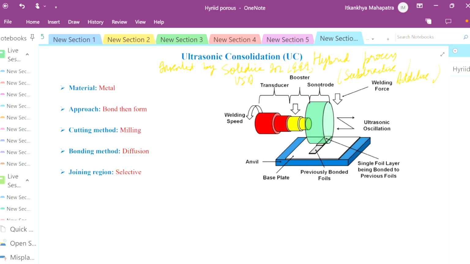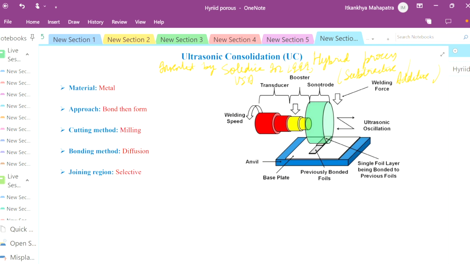So mostly you will not find this in any institute, and this type of process has not entered India yet because it requires a milling process.